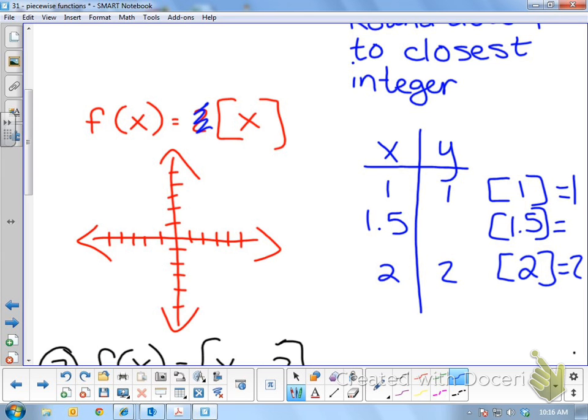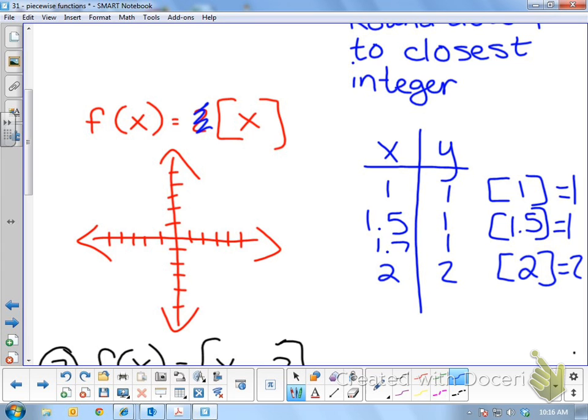I just used the word round on purpose because a lot of people want to round it up to 2, because if we're actually rounding according to the rules of rounding, we round up. But what do these brackets tell us to do every time? Round down. Round it down to the nearest integer. So if I had 1.7, still be 1.